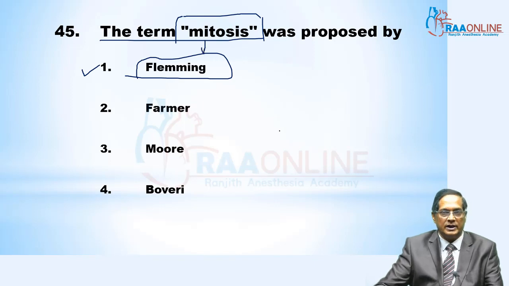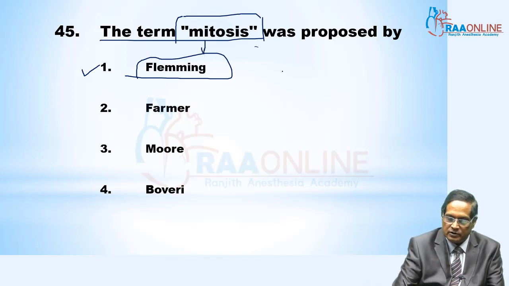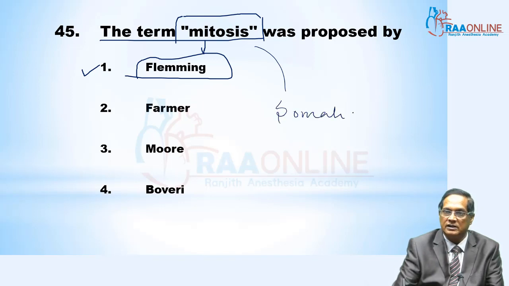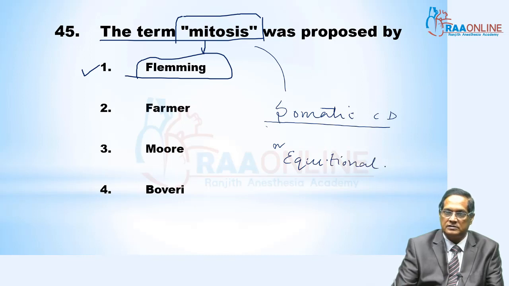Mitosis is also known as somatic cell division or equational cell division. These are the other two terms for mitosis.